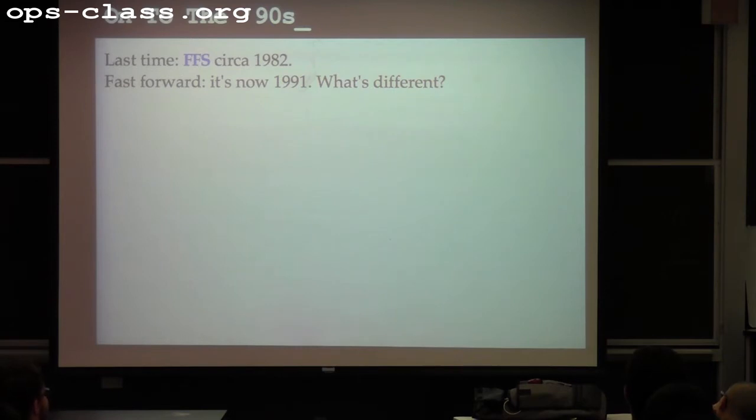Some of you may have been born in 1991. Wow, okay, never mind. Some of you hopefully were. What's that? Still minus two, yeah. Okay, so what's different about 1991 from 1982? My brother saves the planet. Okay, so Doug's brother is born, right?